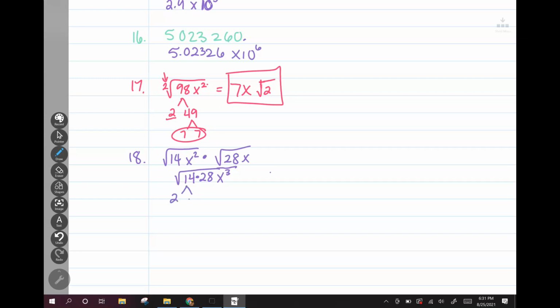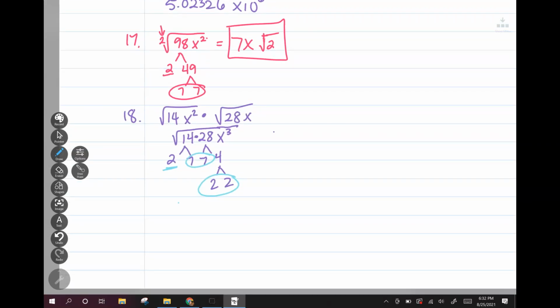Okay, so I've got 4 and 7, 2 and 7, 7 and 4, 4 is 2 and 2. All right, again, to come out of a square root, you need 2 of them. So I've got 2 2s and 2 7s, but I have one more 2 left over, so that guy is going to stay inside. So I get to take a 7 and a 2 out, that's 14. And a 2 stays inside.